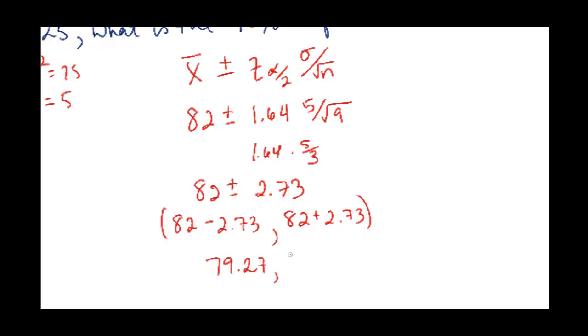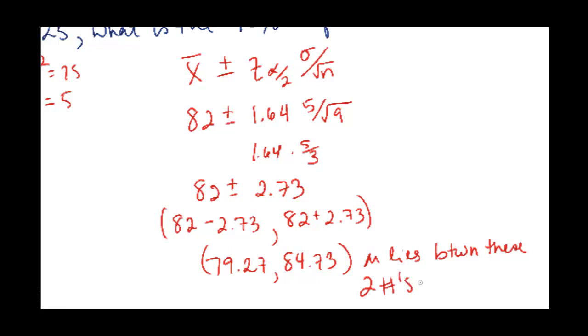And then 84.73. So what you can say is that your mu lies between these two numbers, with, what was it, 90% confidence.